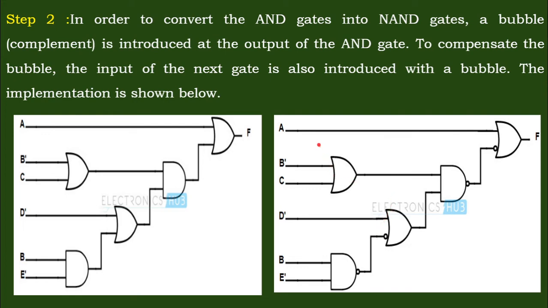So that's the second step: we have converted all the AND gates into NAND gates. While converting AND into NAND gates, the meaning of the variable may change, so we compensate by putting one more bubble at the end of the line. Here, on the two lines with NAND gates, putting a bubble over here and over here makes the complements cancel.